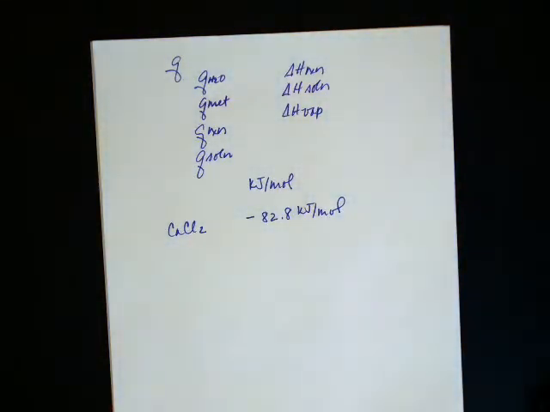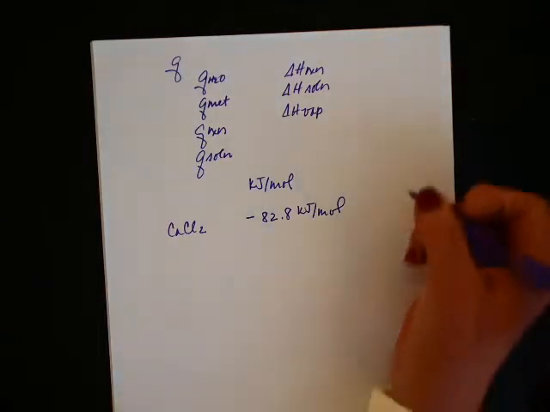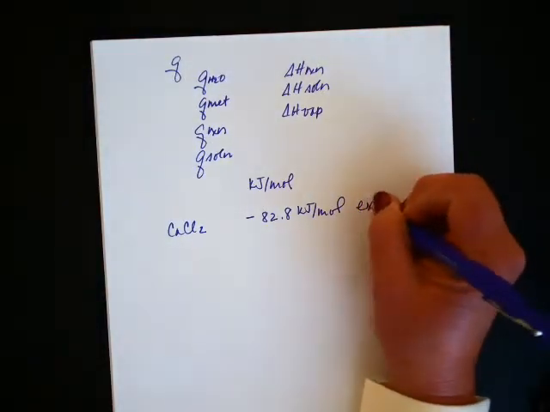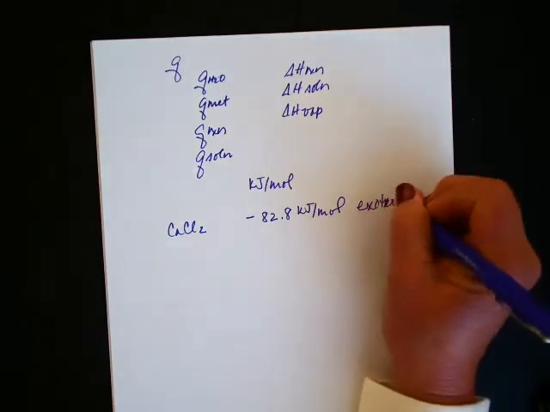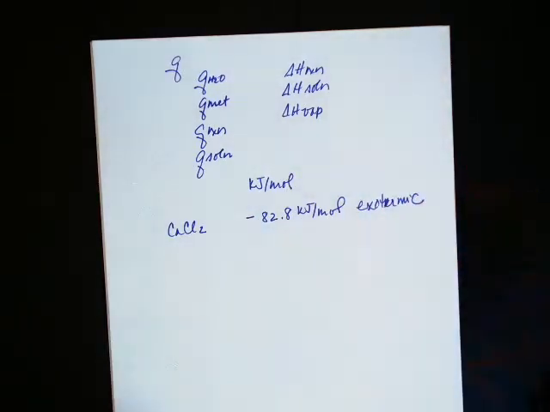So what else did we learn about delta H and signs of delta H and Q last week? Delta H is negative. What does that mean? What kind of a reaction do we have? It's exothermic. So that's exothermic.